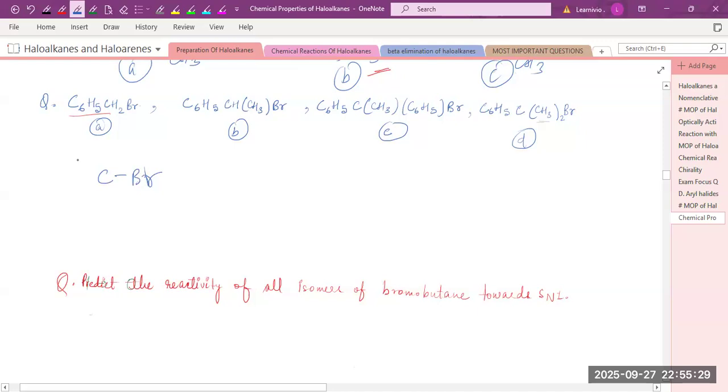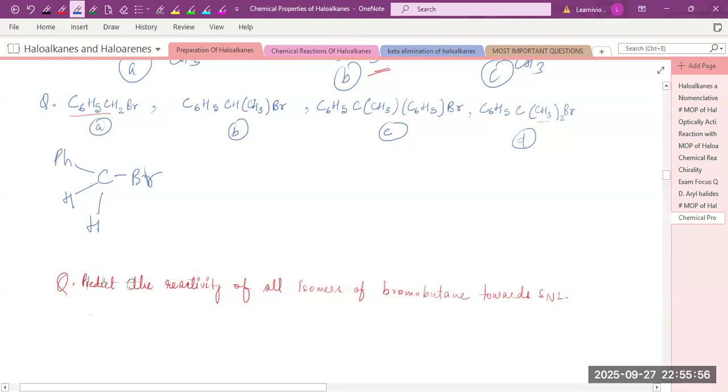And one phenyl, and this carbon has two hydrogens. That's the structure. And if you want, in place of phenyl you can draw the whole benzene ring here, but I have written Ph to make it easy.